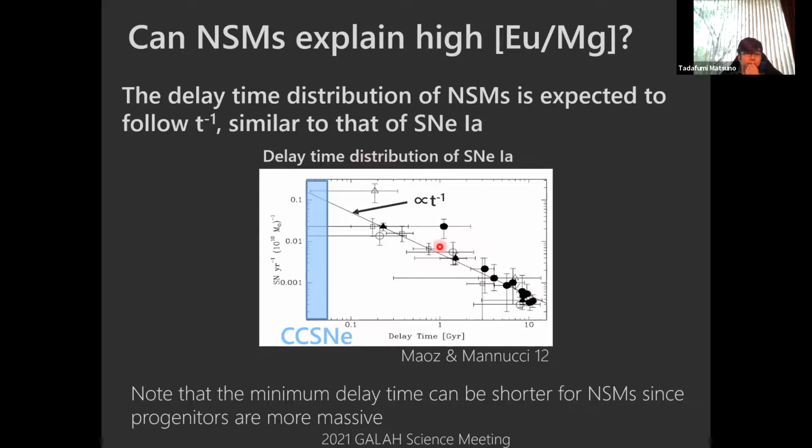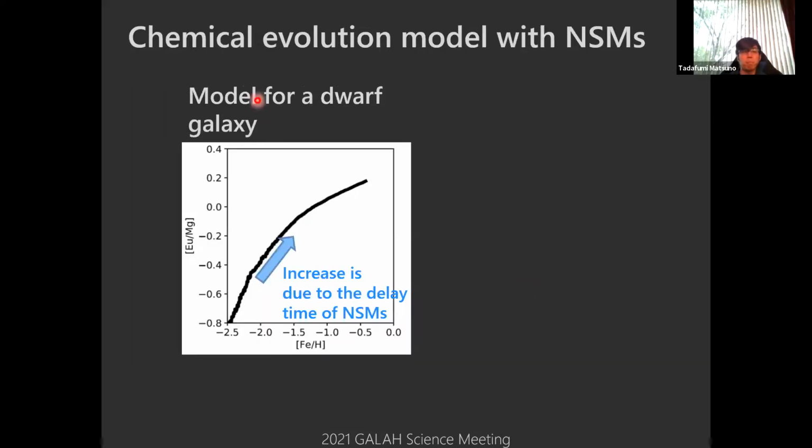So this is the observational constraint on the delay time distribution of type Ia supernovae. As you see, compared to the delay time of core-collapse supernovae, which is very short, the delay time of type Ia supernovae is quite long. I mean, some type Ia supernovae can occur long after the onset of star formation. And this is the key.